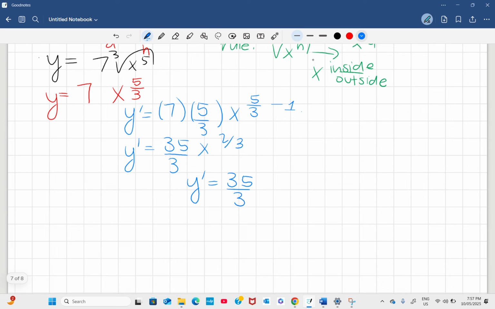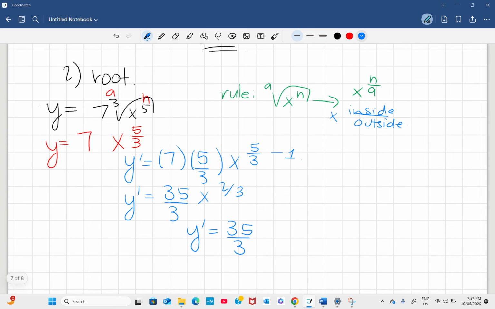Now I'm going to use the same rule to write it in a radical again, x inside over outside. So what's my inside here? Let's look up, n over a. Here, my n is 2, so x to the power of 2 over 3.